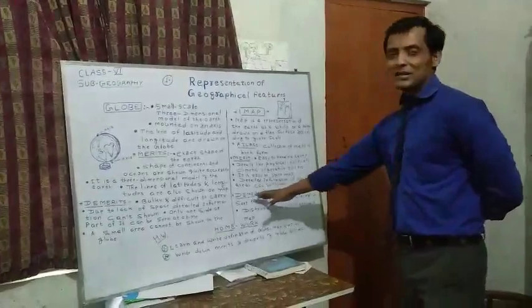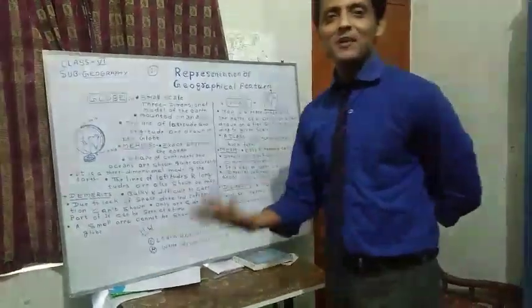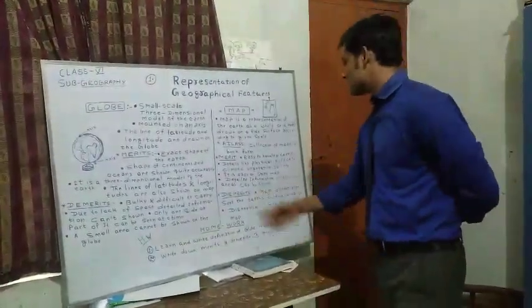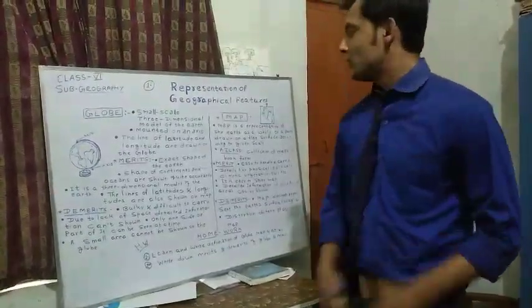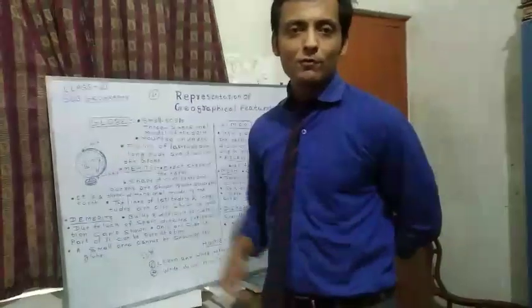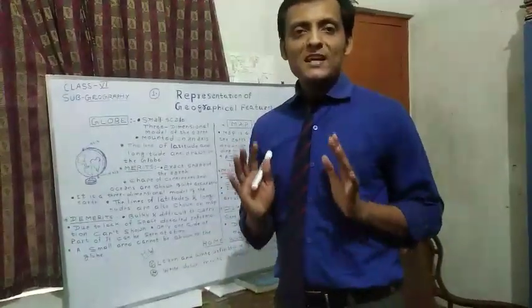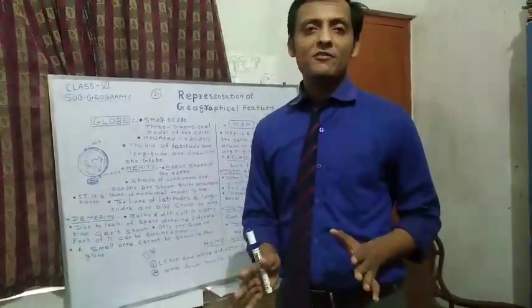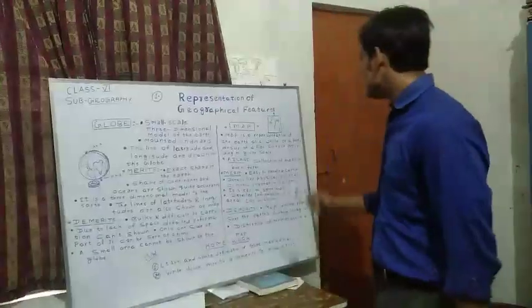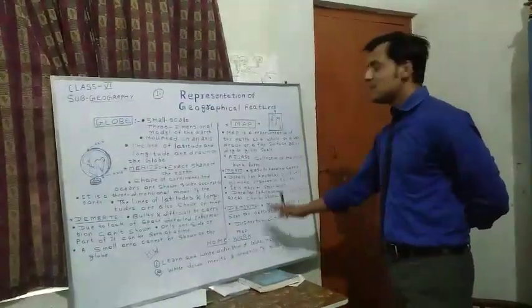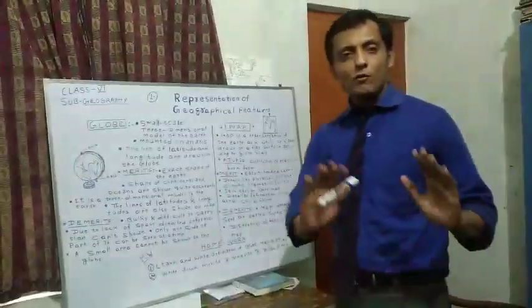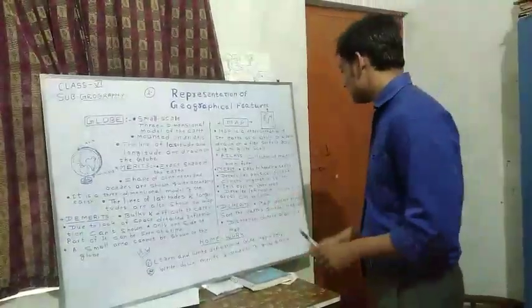Next, what are the demerits of maps? There are some demerits of maps also. A map does not represent the Earth's surface like a globe. As we have seen, on the globe we can represent the whole Earth's surface at a time, but in the case of a map, we can't show the whole Earth's surface at a time.